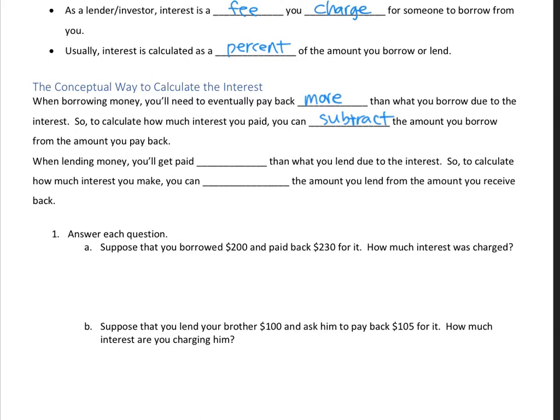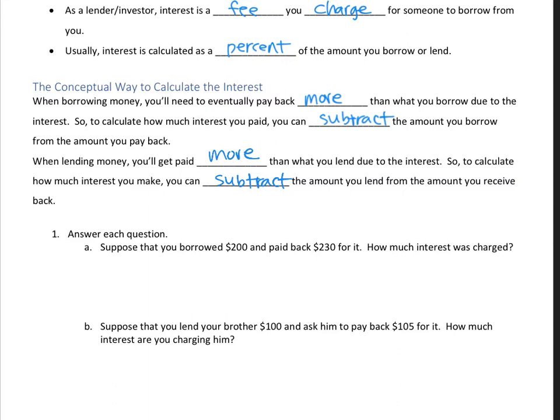Maybe 230. That means you just paid $30 in interest. When lending money, you get paid more than what you lend due to the interest. Again, that's what you want. To calculate how much interest you make, you subtract the amount you lend from the amount you receive.